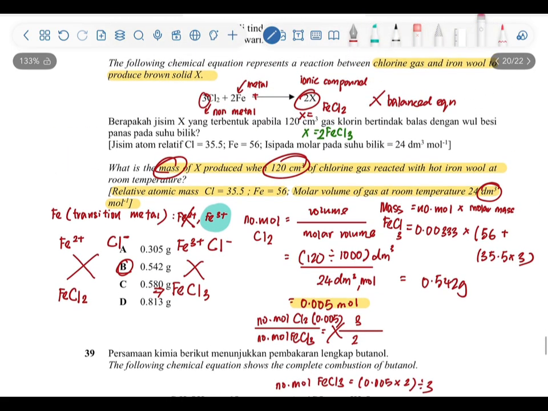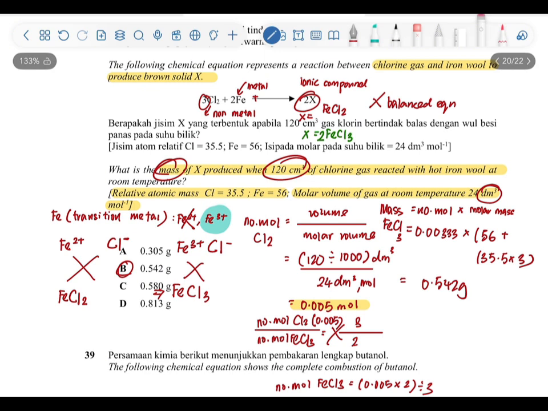Next, we are going to get the number of mole for the iron(III) chloride. Because do you notice that this number of mole is actually for chlorine but not FeCl3? So you will ask, teacher, if I don't know the number of mole for FeCl3, but I only know the number of mole for Cl2, how am I going to get the number of mole for FeCl3?